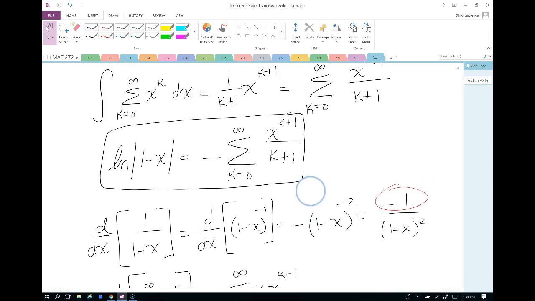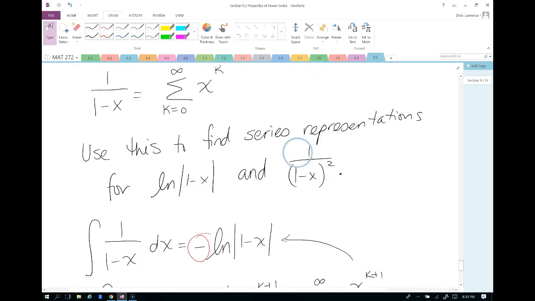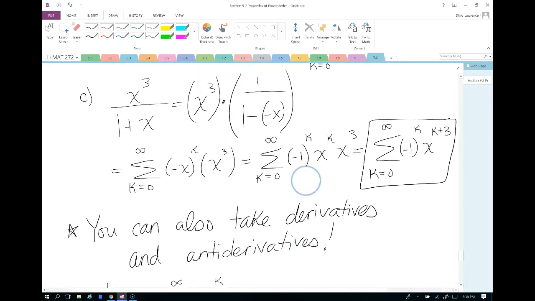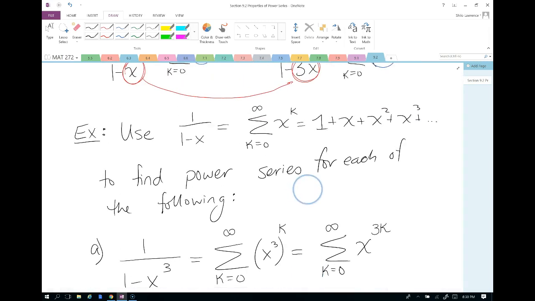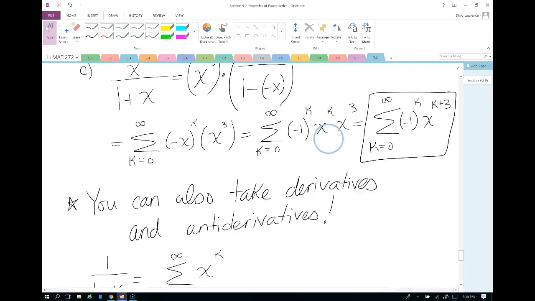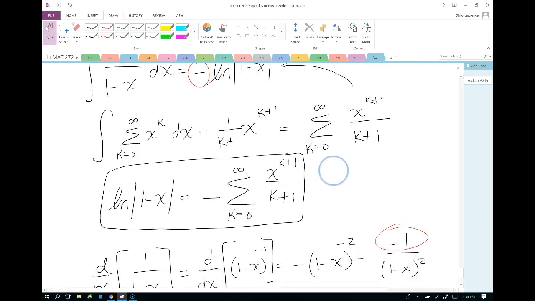And if you look back at the original polynomial and you think about what would happen if I took the derivative, you would see that the derivative of 1 is 0, the derivative of x is 1, the derivative of x squared is 2x. So the derivative doesn't start off with an x to the negative 1, it starts off with a constant. It's a constant, then a linear, then a quadratic. So we need the same exact thing to happen in our derivative.